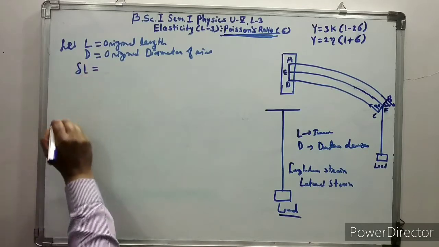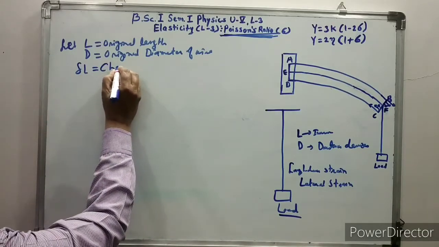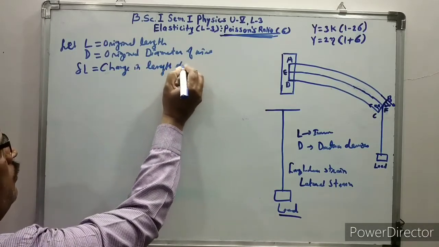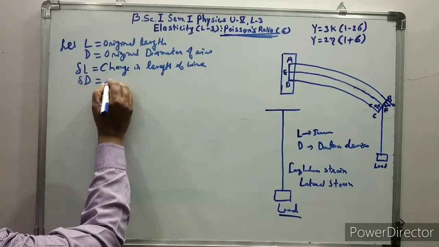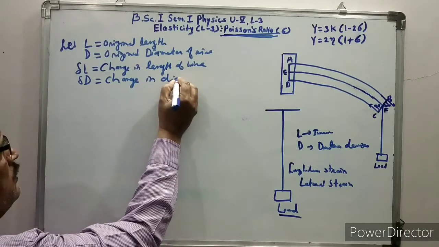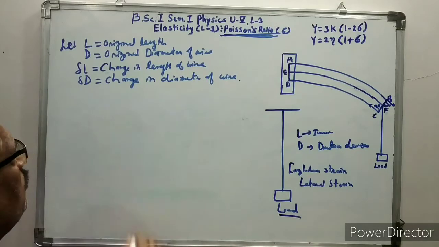Delta L will be the change in length of the wire, and delta D is the change in diameter of the wire.